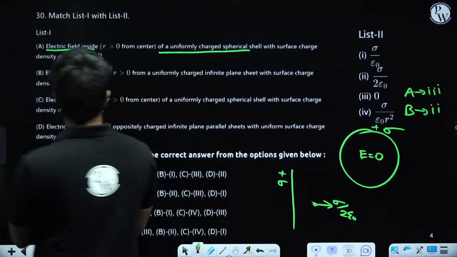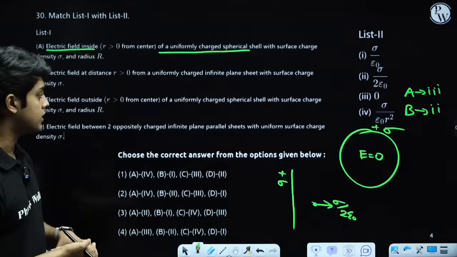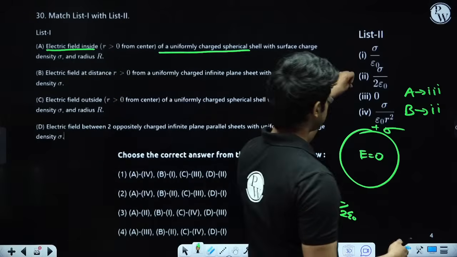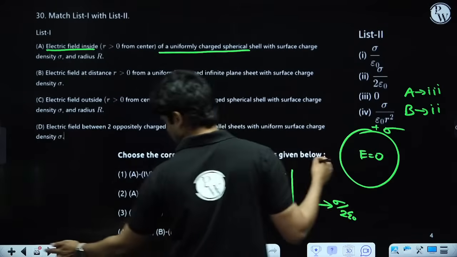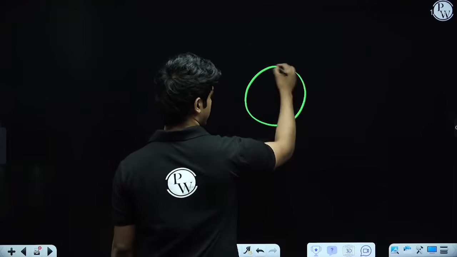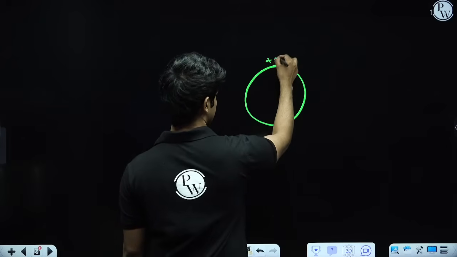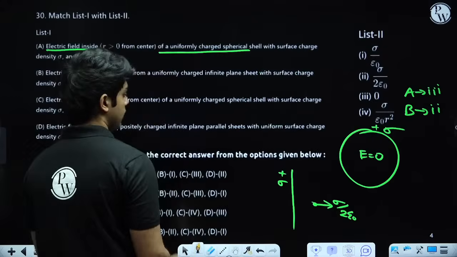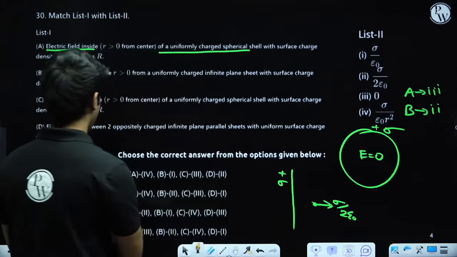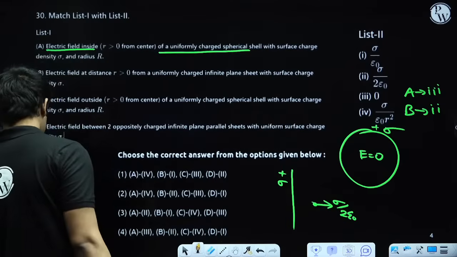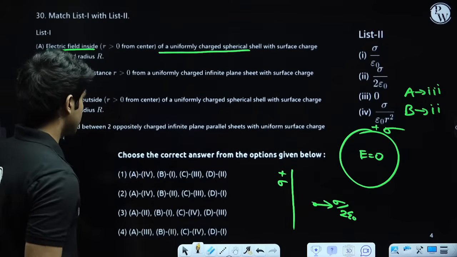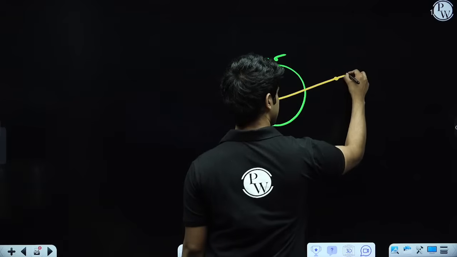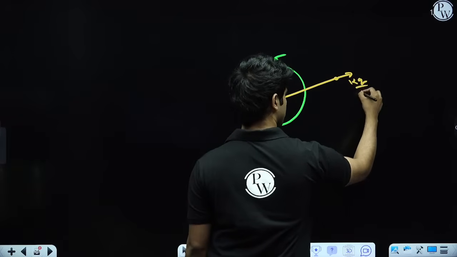And C option, the electric field outside a uniformly charged spherical shell with surface charge density sigma. So actually we need it in terms of sigma, right? So if I have a uniformly charged spherical shell of plus sigma charge, at some distance r from the center, the electric field is kq by r square, right?